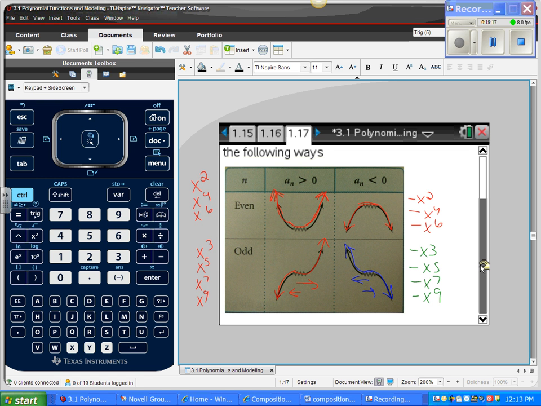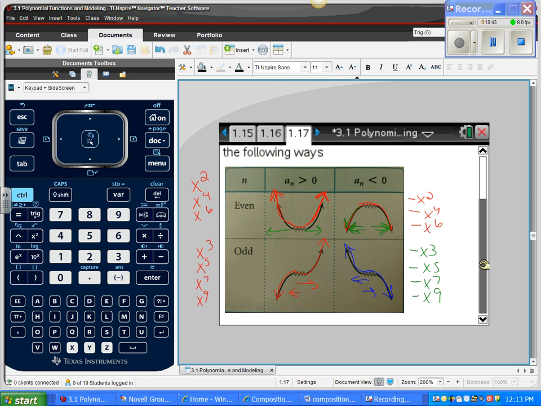So again, an even power is going to have the same end behavior as I approach negative infinity and positive infinity. Negative even, it's going to approach negative infinity as I go to negative infinity, and negative infinity as I go to positive infinity. So as x gets greater, we're still going down.